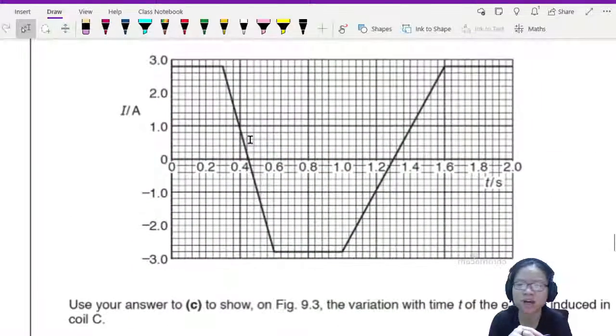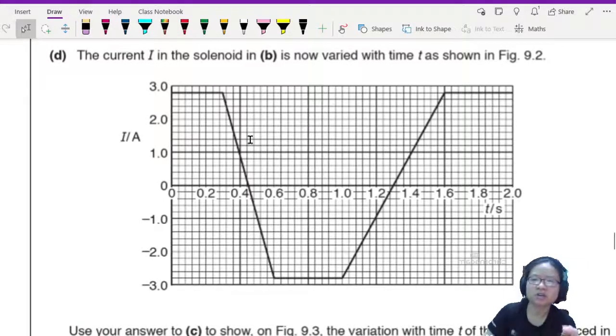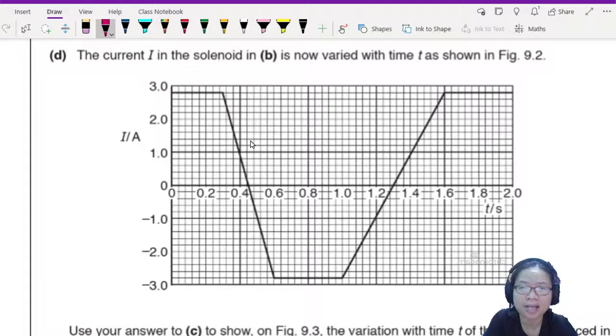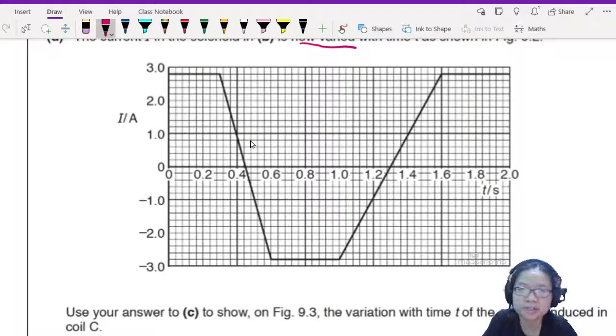Ooh, graph. I love graphs. Not sure about you. Okay, so this is the current in the solenoid, and it is varied with time as shown in figure 9.2. You can see this current starts with 2.8, constant, and then at this timing, this value here is 0.3. Just like this value here is 0.6, and this value here is 1.0.